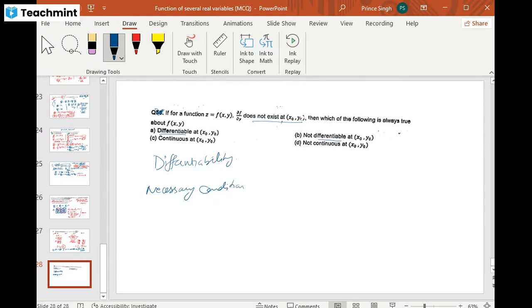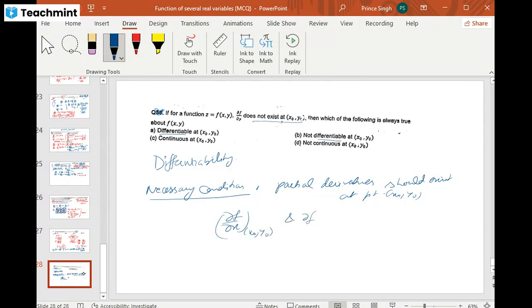The necessary condition for the differentiability is partial derivatives should exist at the point x naught, y naught. Okay, that is curly f upon curly x and curly f upon curly y should exist at the point x naught, y naught.